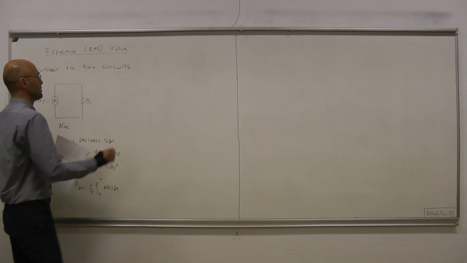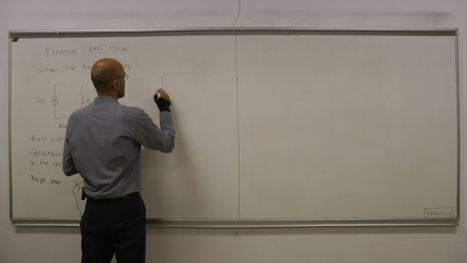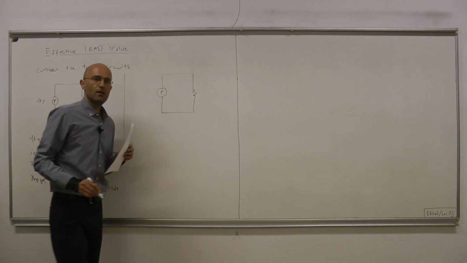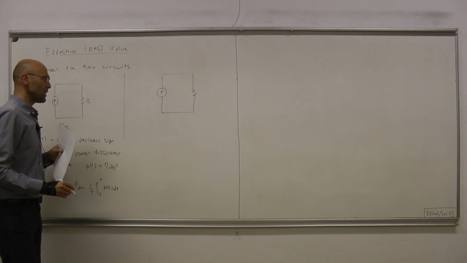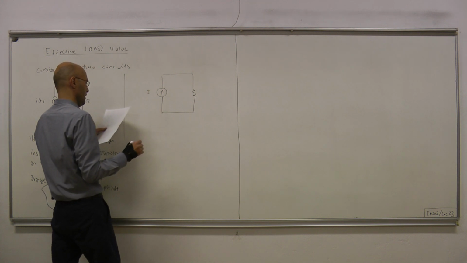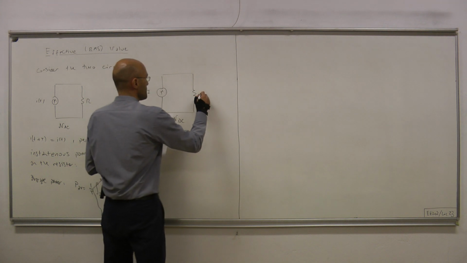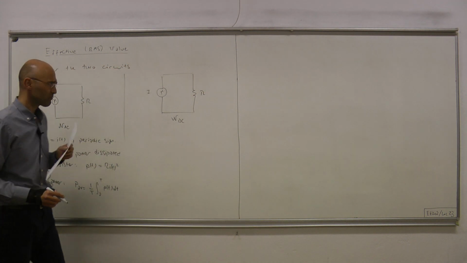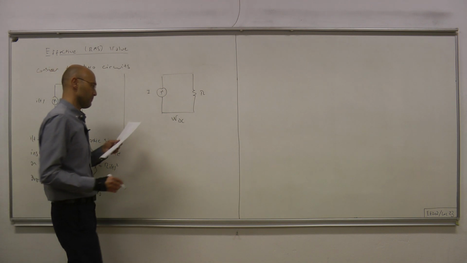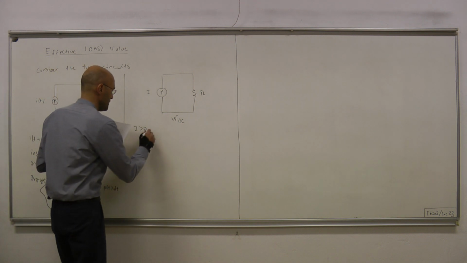Now let's also consider a much simpler case. Again, we have the same topology, but this time the input in the circuit is a DC, a constant current I. So let's call this the DC circuit. And we're working with a resistor with the same resistance, both are R. Now I is positive, suppose, and it's constant.